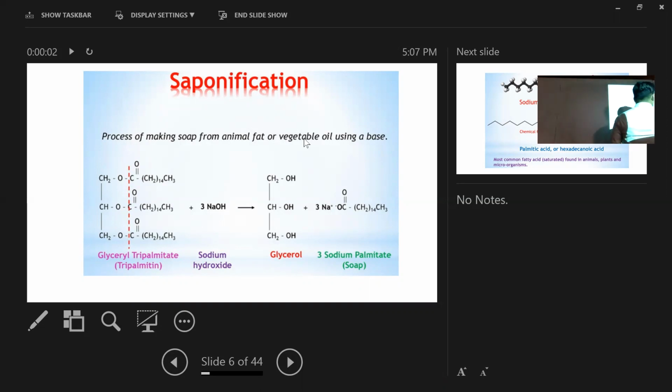If you write down CH2, CH2, CH2, this way, and then CH2, CH3, and on the other side it will have COO, something like this. So this is a compound of sodium, that is sodium salt.